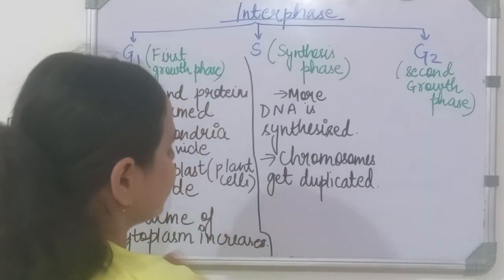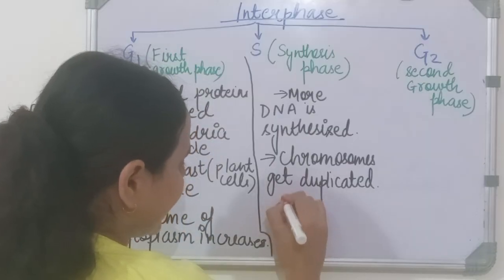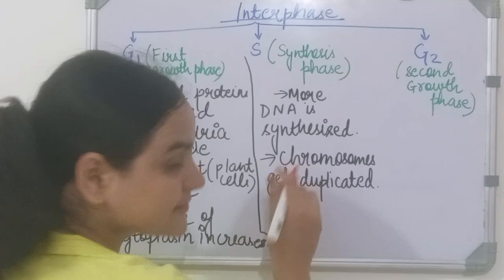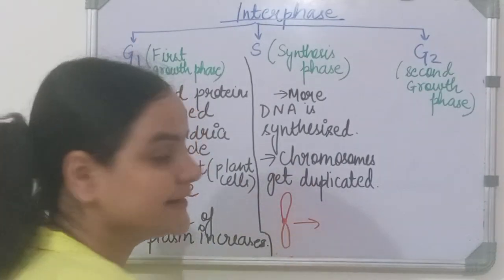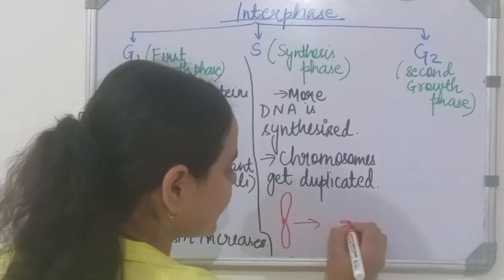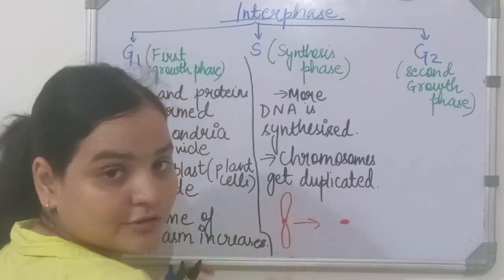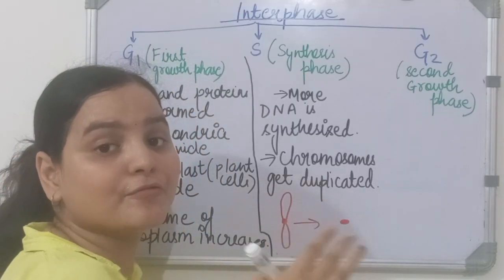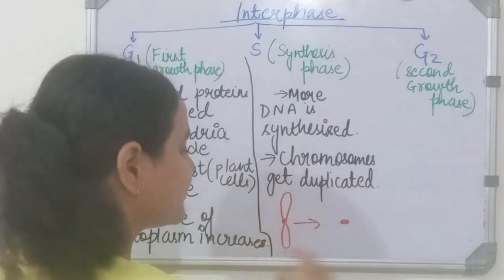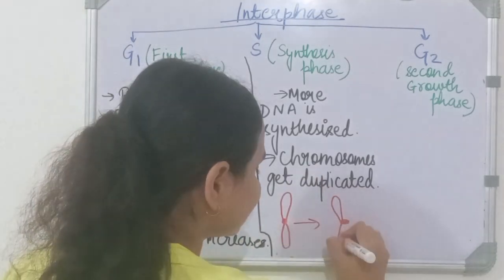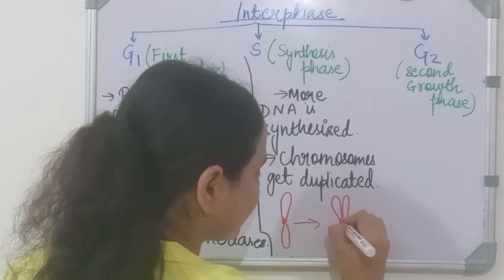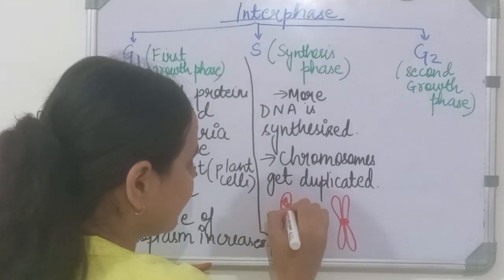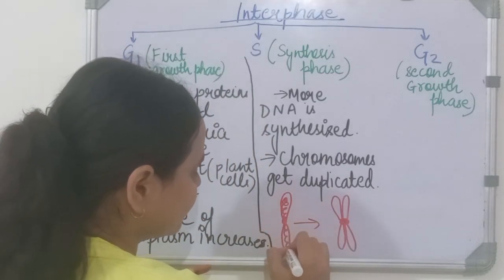Suppose this is our chromosome with a single chromatid in the newly formed cell. So during the interphase, what happens? This chromosome is duplicated and it forms the next chromatid. So now this single chromosome has two chromatids because DNA was located on this chromosome only.